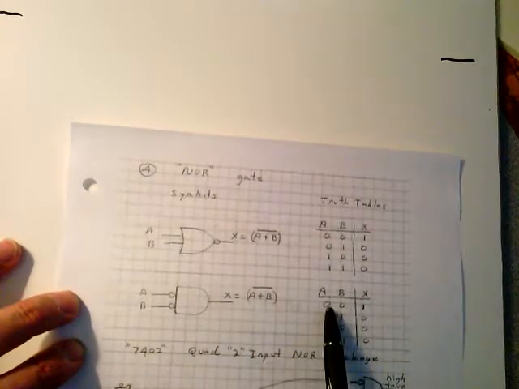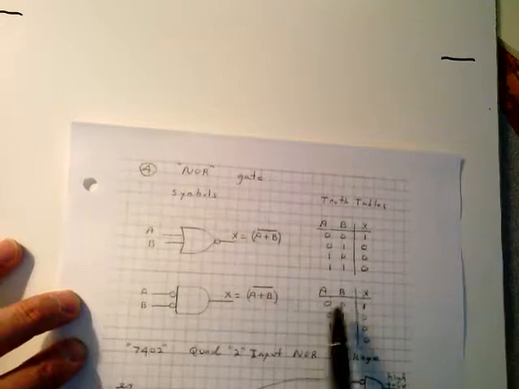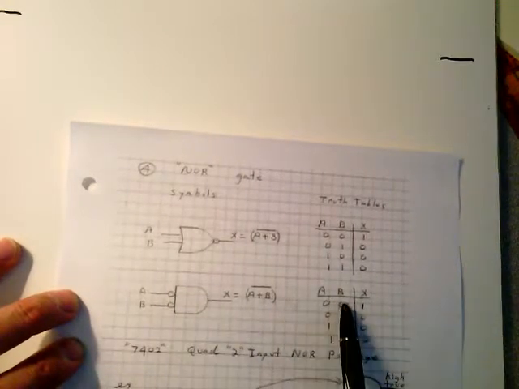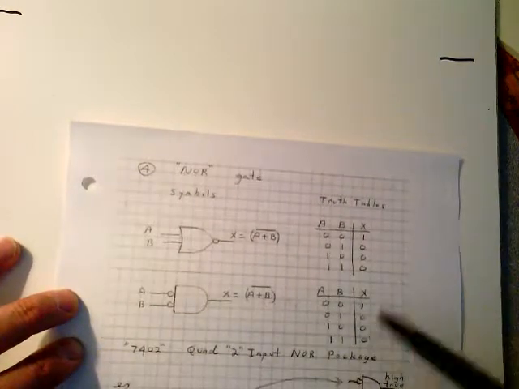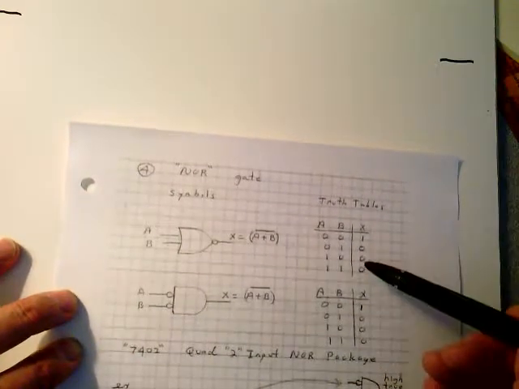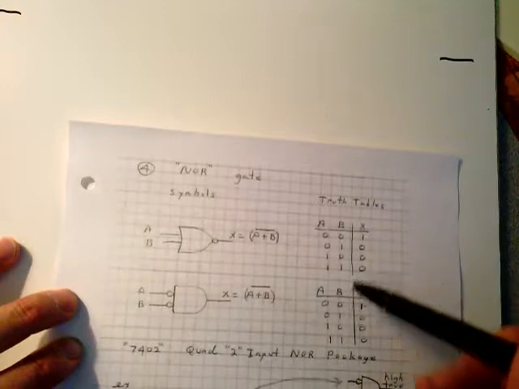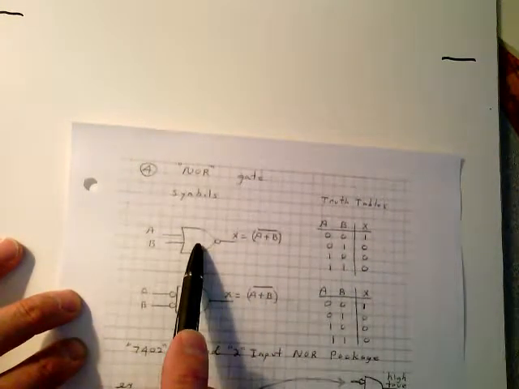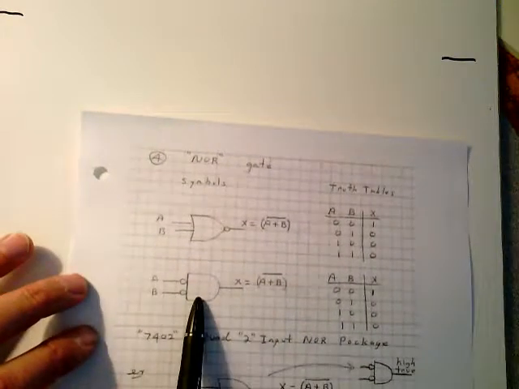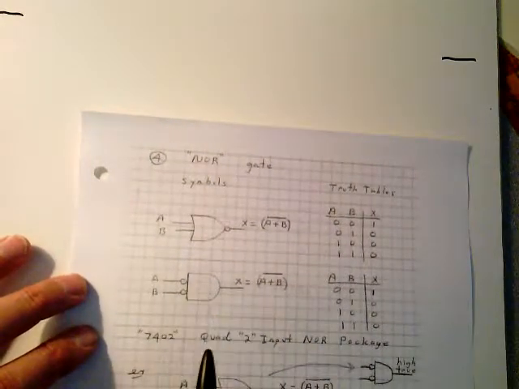That story is told here. A low here and a low here is the only time you get a high here. By default, these are zeros. Notice the truth tables are identical. If the truth tables are identical, the circuit's identical. Sometimes the engineer will draw it this way. Sometimes the engineer will draw it this way. We'll explain why a little bit later on.